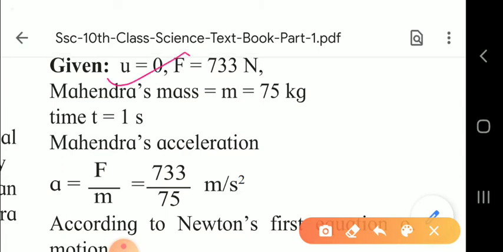F is equal to 733 Newton. Mahindra's mass is 75 kilogram. Time taken is 1 second. And a is always equal to F upon m. So a will be 733 upon 75 meter per second square.